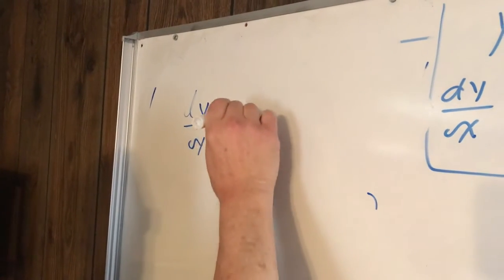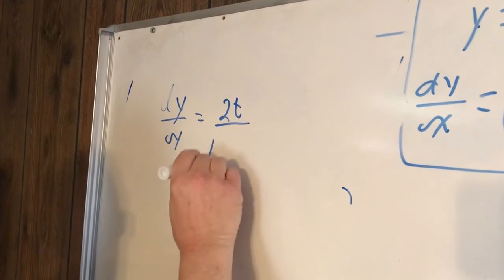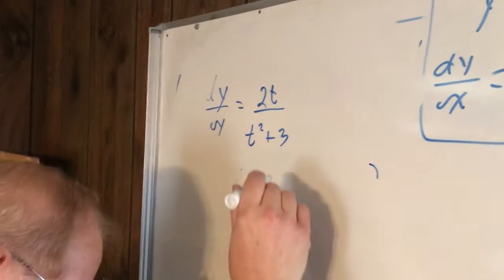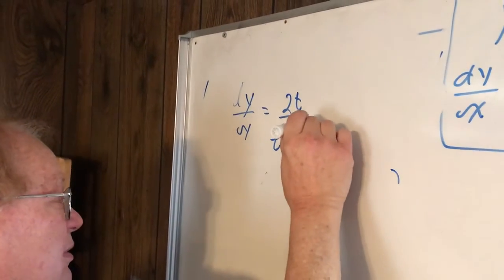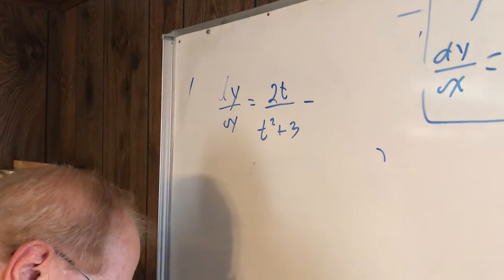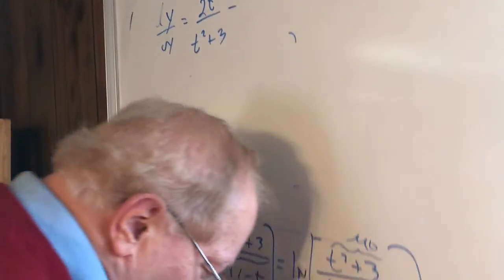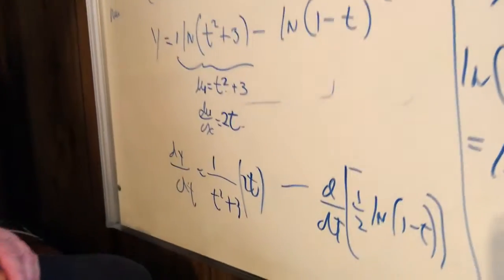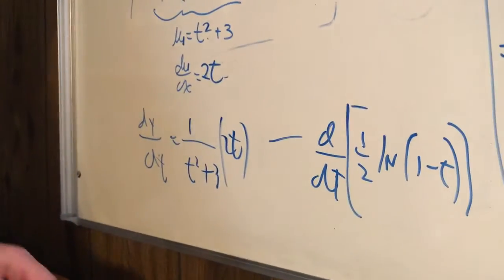Equals 2t over t squared plus 3 minus the derivative of here. Now notice, what do we have here?